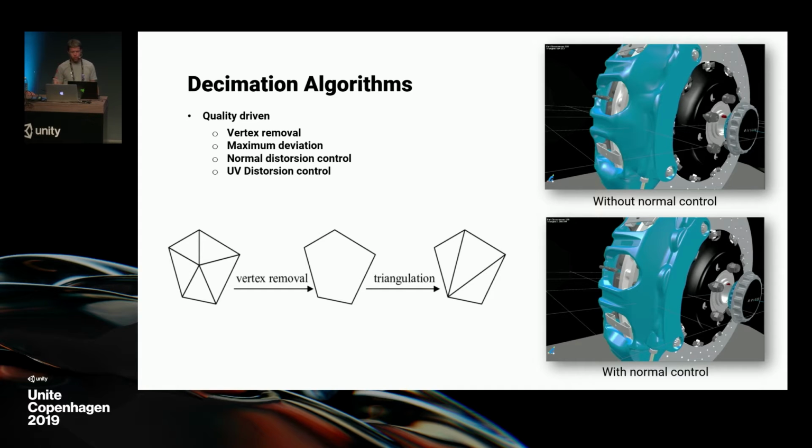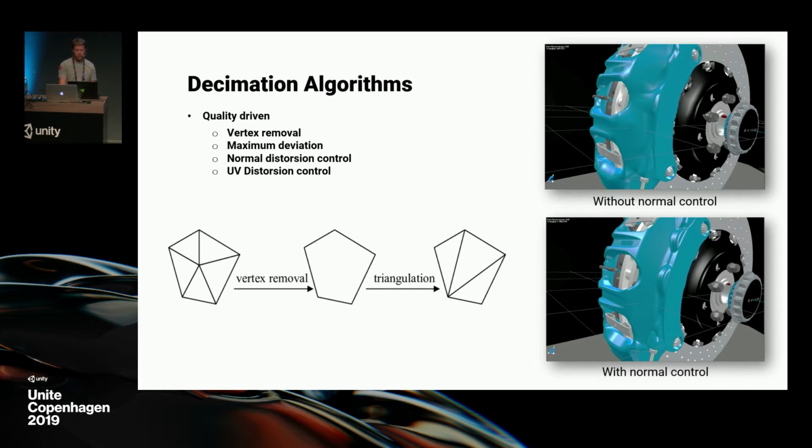In PiXYZ, there are 2 ways to decimate a model, as Axel said. The first method is a decimation driven by quality. It works by removing some chosen vertices according to user criteria. The most common criterion is the maximum deviation, which is the maximum distance between the original mesh and the decimated one.